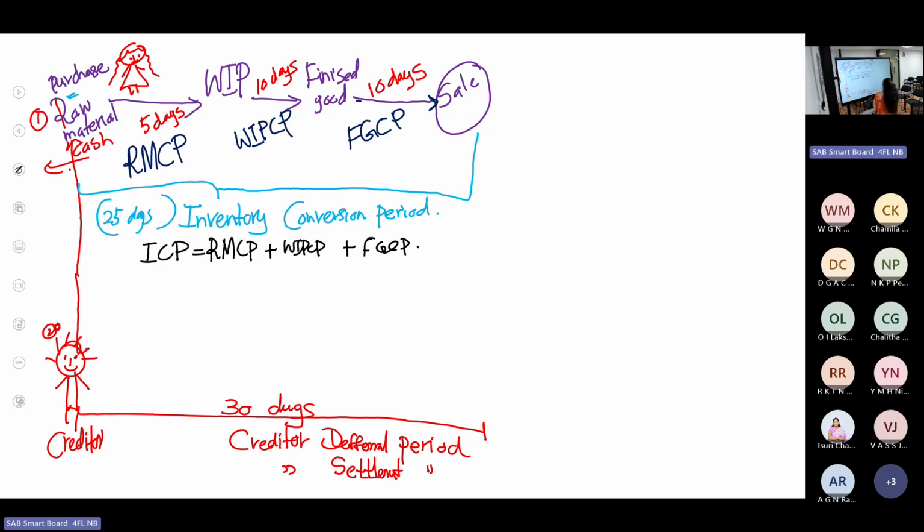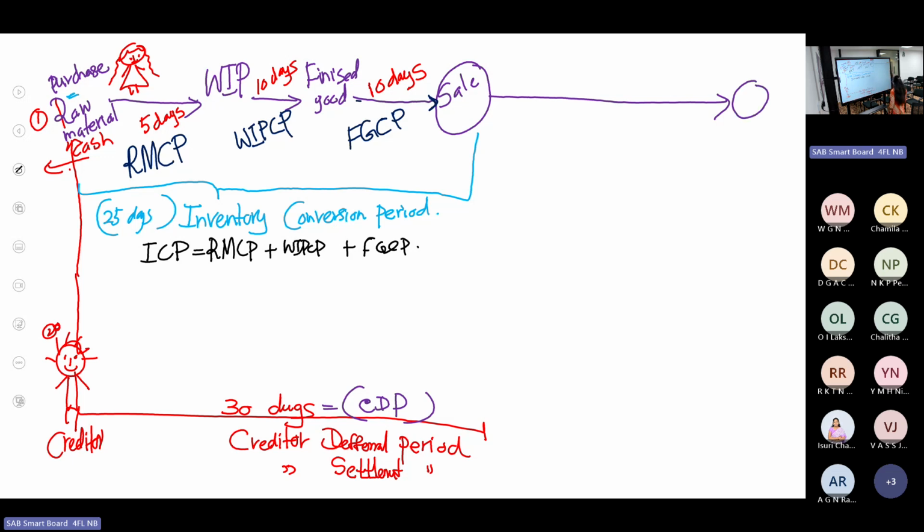So here we call the credit deferral period CDP, equals 30 days. Then we have sales. So we are creating cash sales or credit sales. If it is credit sales, we create a debtor.